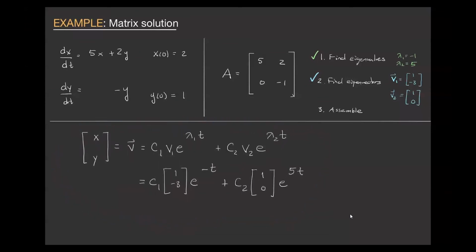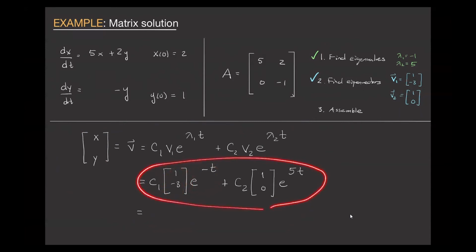And now that's fine. This is a perfectly fine way to write this. Another way to write it, which will maybe make it more clear what we've actually done overall, is we'll multiply the C1 times both of these entries, and then we'll take e to the negative t times both of these entries. Then we'll add it all together.